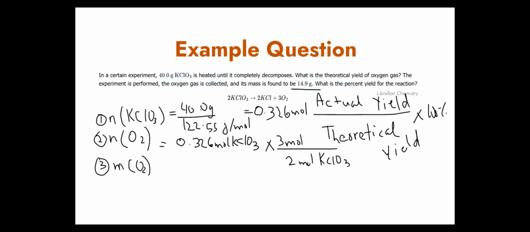Now when we are writing this, you would want to write moles of potassium chloride at the bottom as the denominator, because then this and this would cancel, and then you'll only be left with moles of oxygen. So you solve this and it gives you 0.489 moles of oxygen.